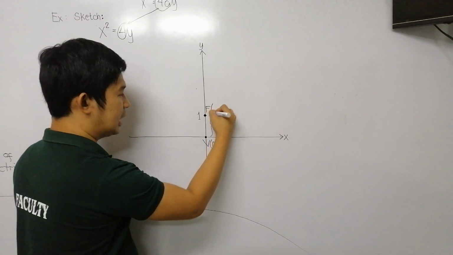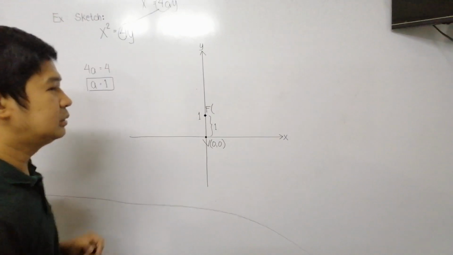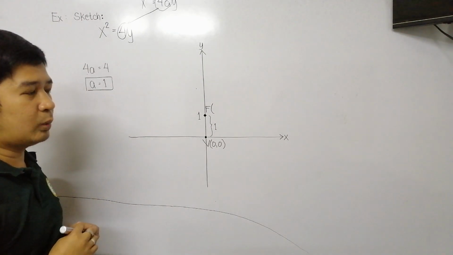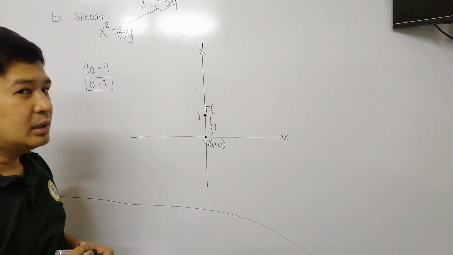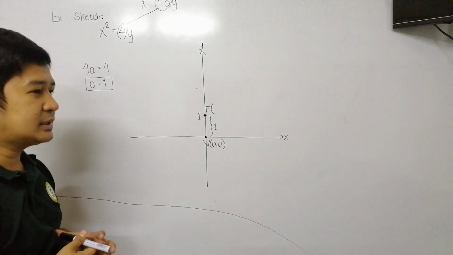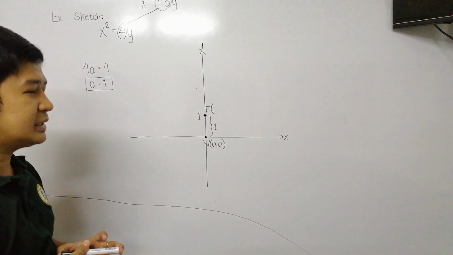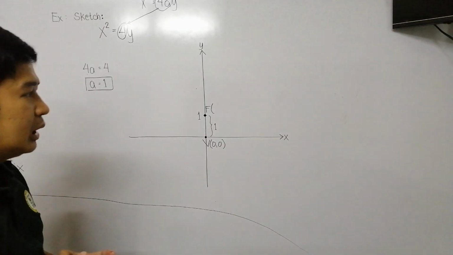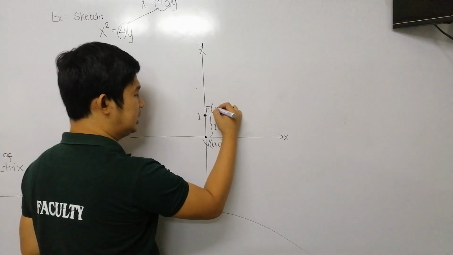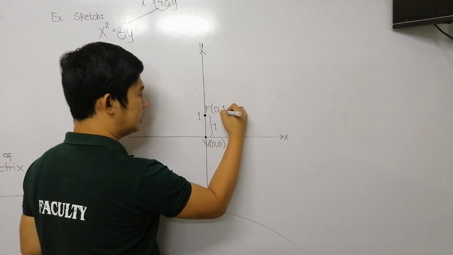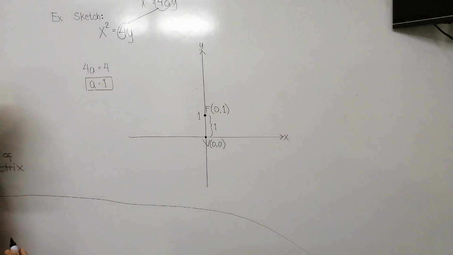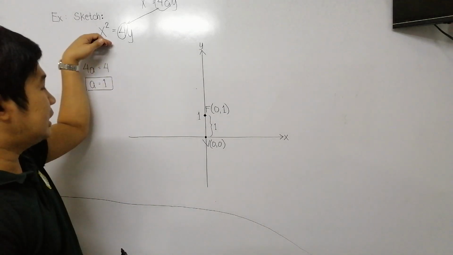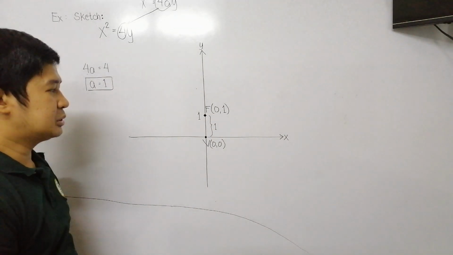So our focus now has the coordinate. Just like what we've said a while ago, the coordinate would be 0, a. Kasi ang nagbago lang ay yung y coordinate ni vertex dahil gumalaw tayo vertically upward. So positive 1. So this is 0 and 1.